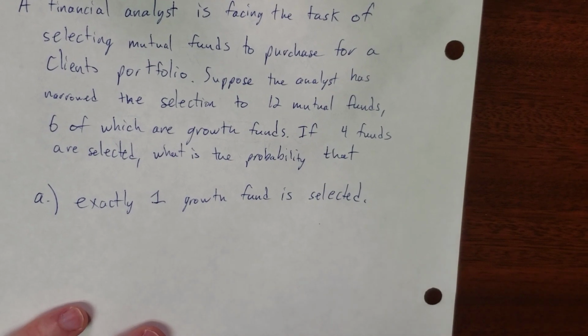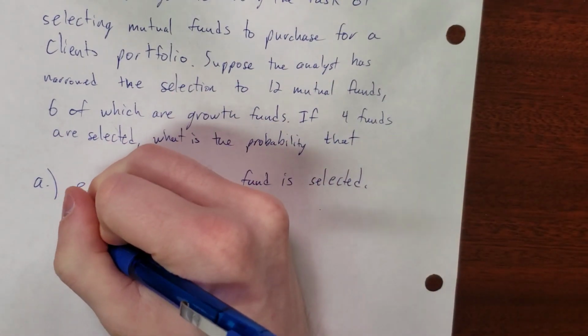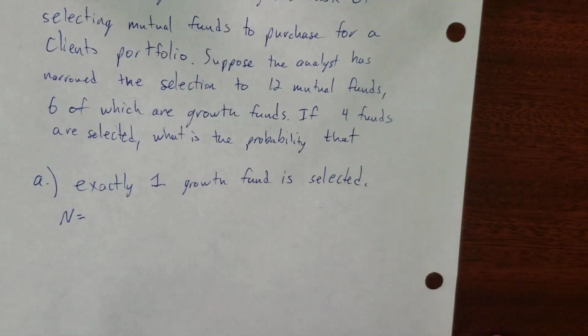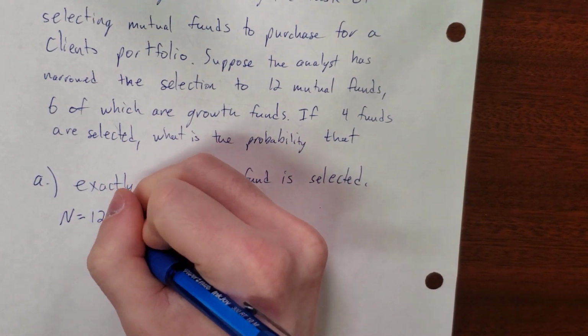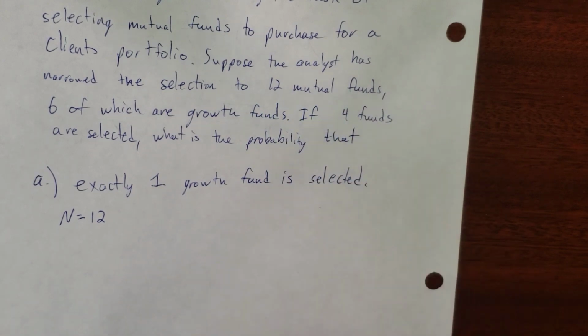Well, the very first thing that we want to do is determine what the capital N, lowercase n, x, and capital E are in this situation. First, capital N is our population size. So what should that be? Well, that should be 12 here, because we have narrowed it down to 12 mutual funds to choose from.